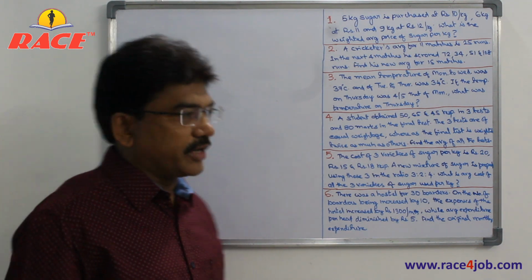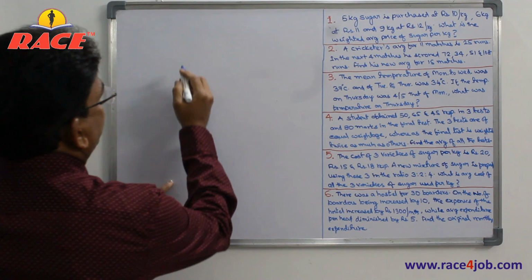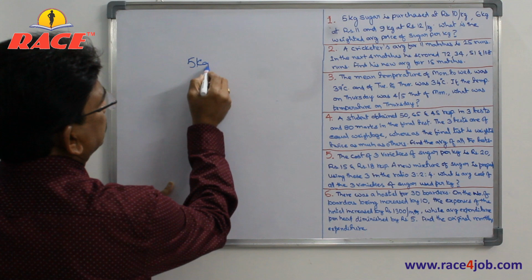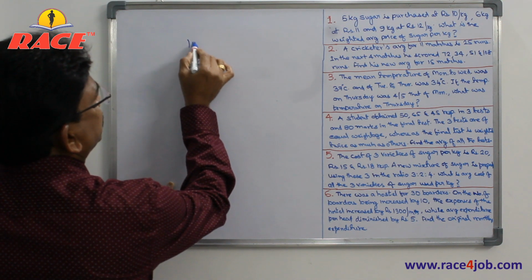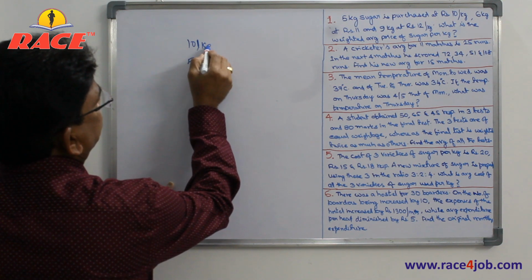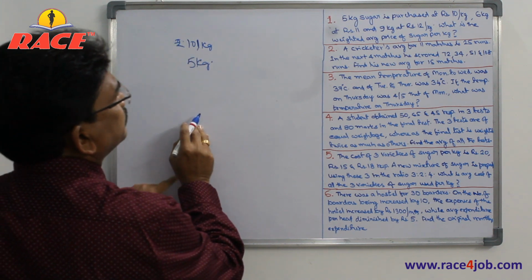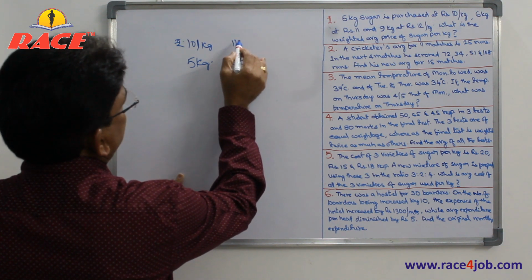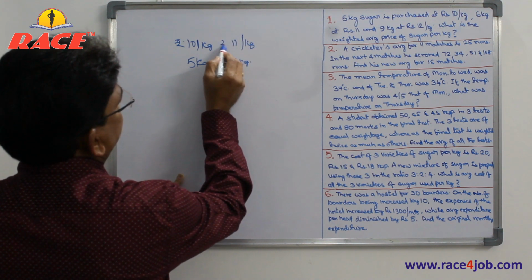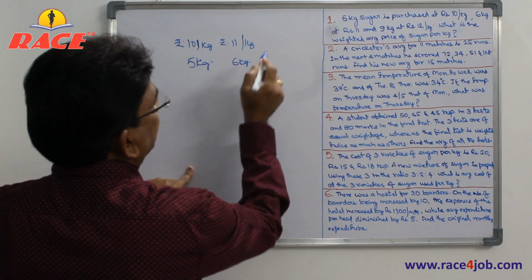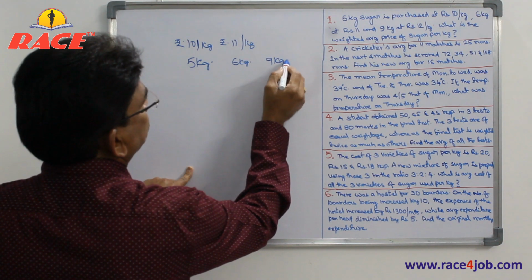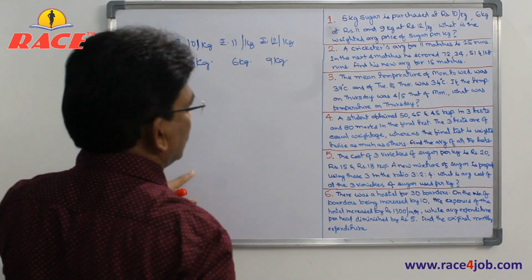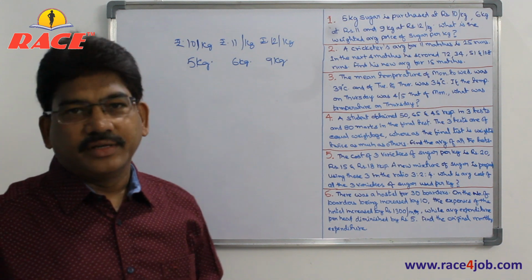What he said, 5 kg is purchased at 10 rupees per kg, and 6 kg he purchased at 11 rupees per kg, and 9 kg he purchased at 12 rupees per kg. Weighted average is required.